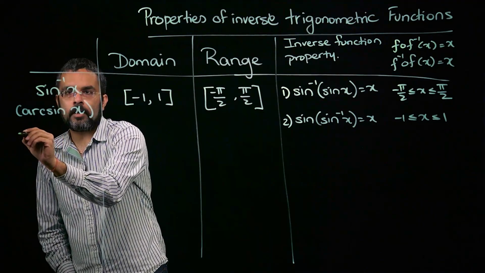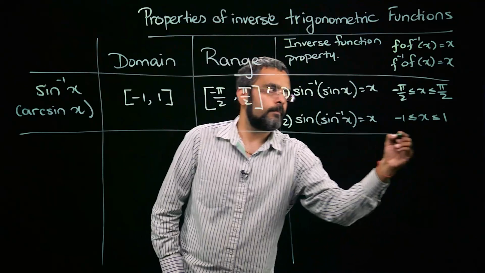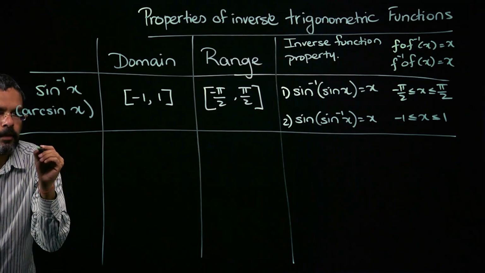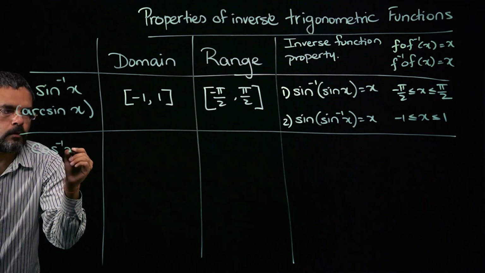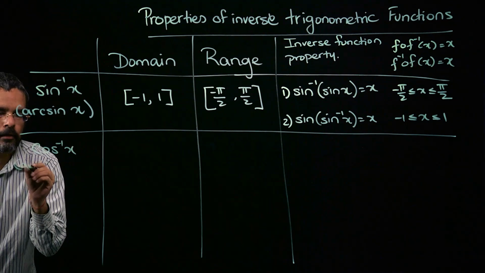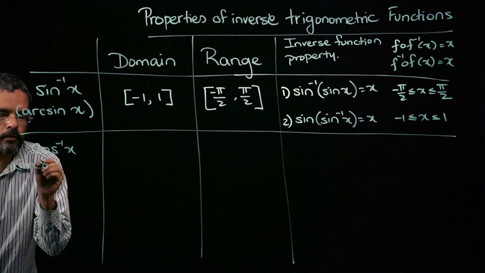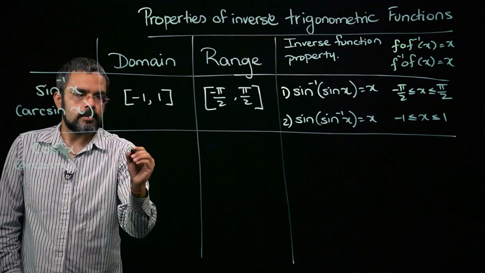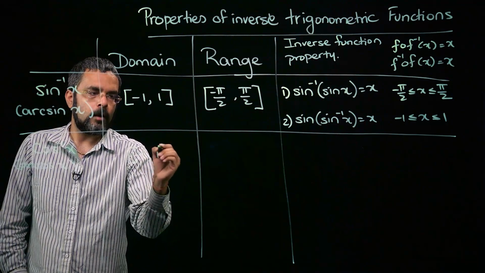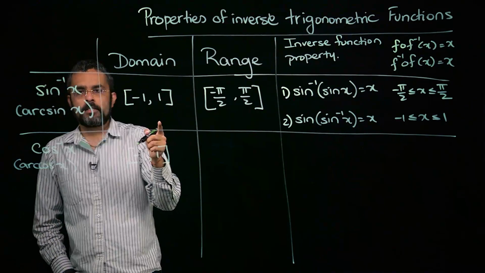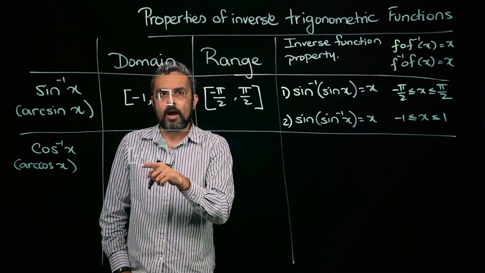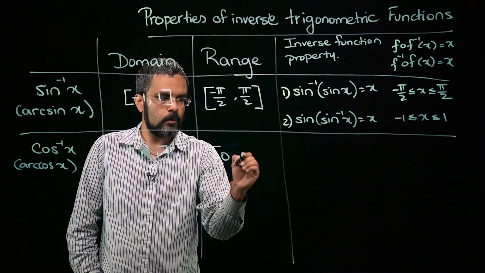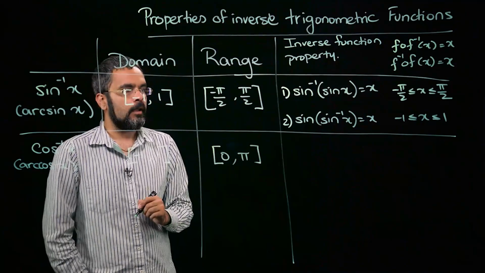Let's take a look at cosine of x. The inverse of cosine is cosine inverse of x, or we also write that as arc cosine. Again, its domain is -1 to 1. We restricted the cosine function to 0 to pi, which means the range for cosine inverse has to be 0 to pi.